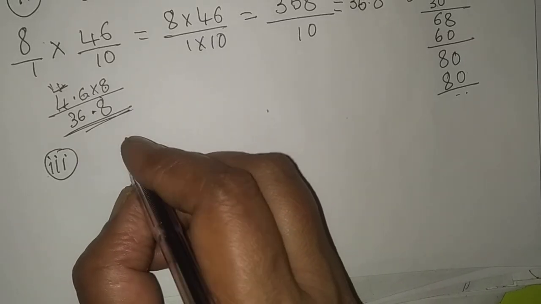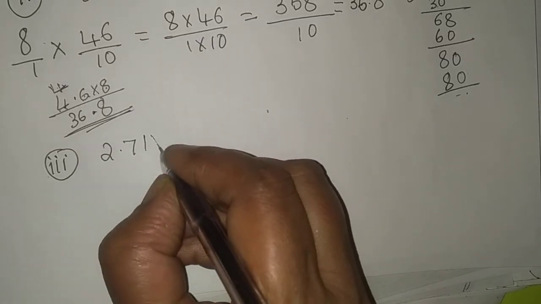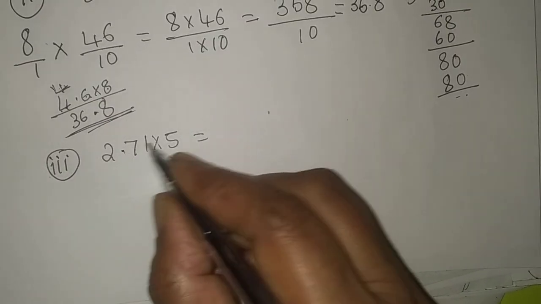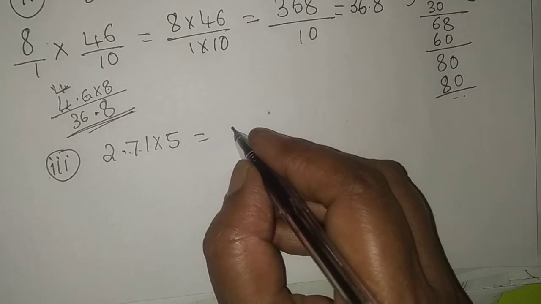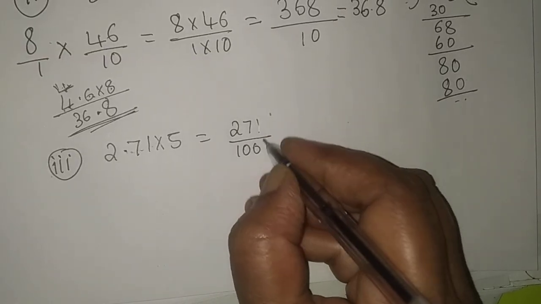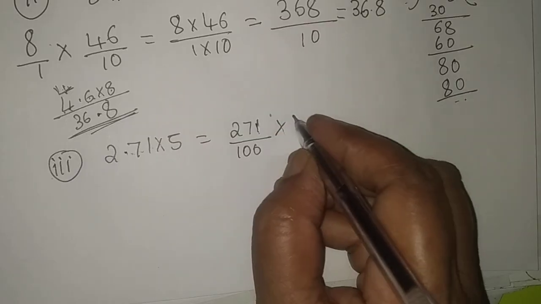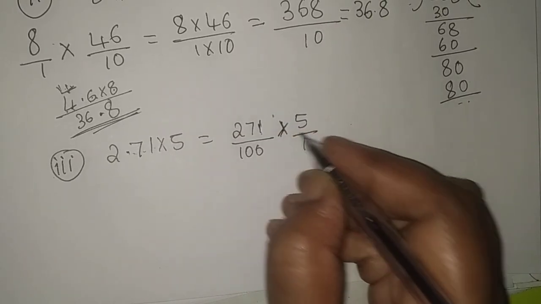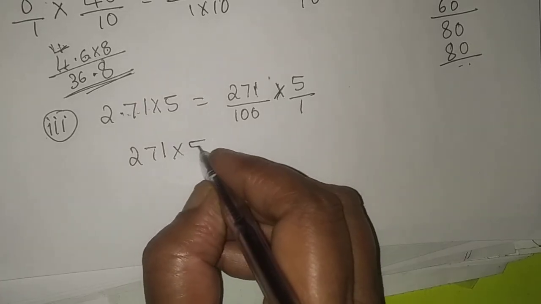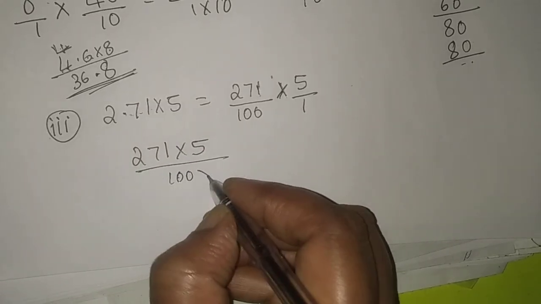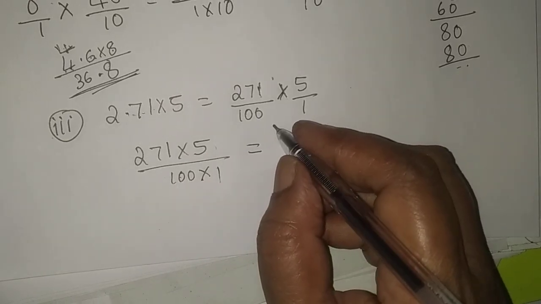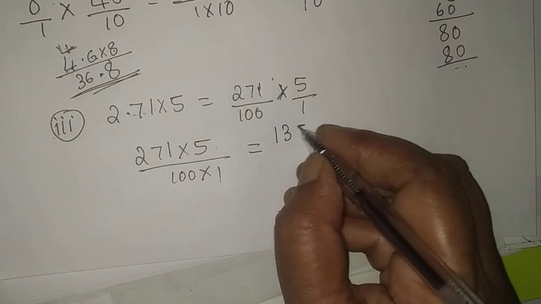So now the third one is 2.71 into 5. After the decimal point there are 2 digits, therefore you have to write it as 271 by 100 into 5 by 1. 271 into 5 by 100 into 1, which is equal to 1355 by 100.